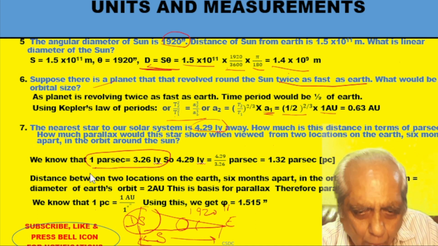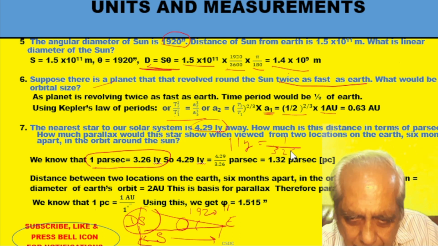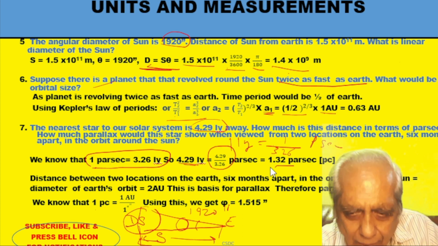So 2 light years would be 2 into this, and 4.29 light years would be 4.29 into this. So 4.29 upon 3.26 is the parsec for 4.29 light years. You calculate, you get 1.32 parsec.